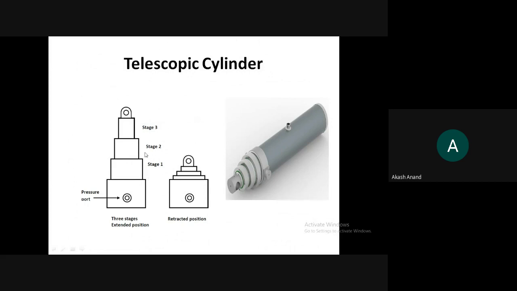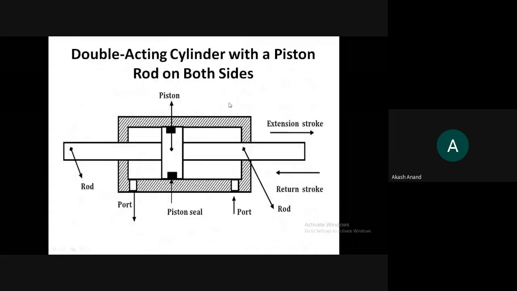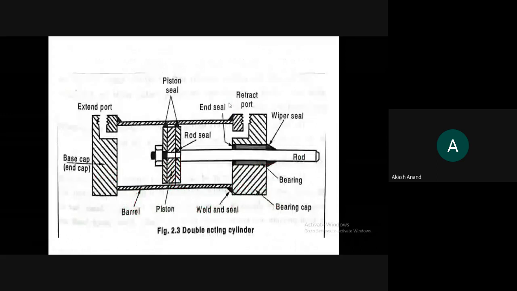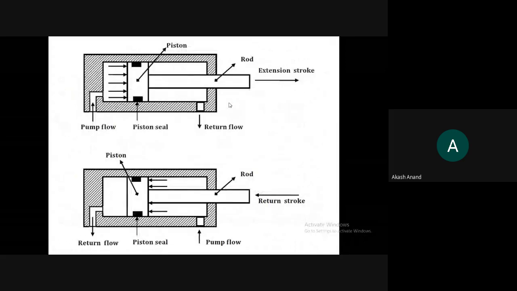You can see the entire stroke length is the sum of stage 1, stage 2 and stage 3, but the retracted length is very small. Only this much length is retracted here. Like in an ordinary cylinder, the stroke length will be equal to the retracted length. You can see in the previous examples, how much it is extended, that much amount should be returned.